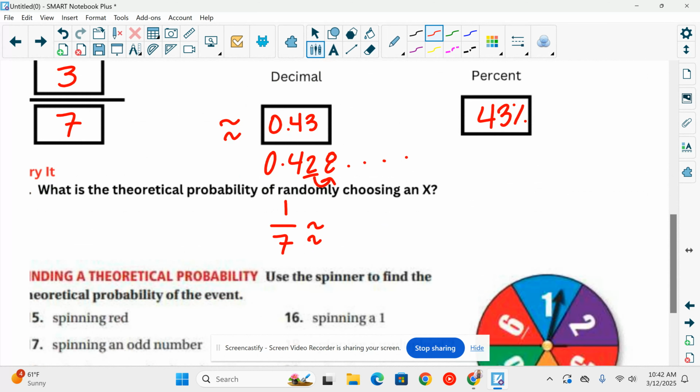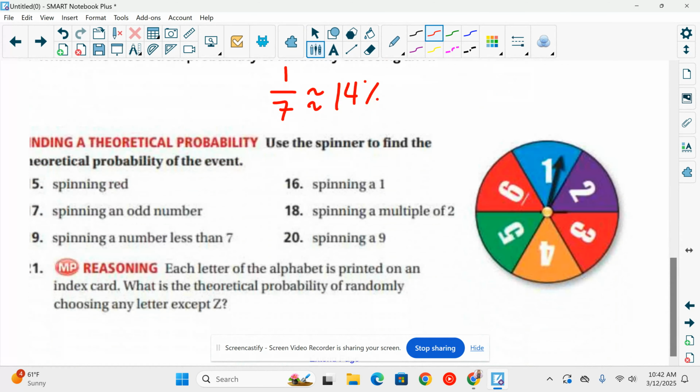If we round it to the nearest whole percent, it would be about a 14% chance of picking an X. It's unlikely to happen. Okay? That's not very different than what we've been doing, is it? No, it's pretty much the same thing. We're just repeating it.